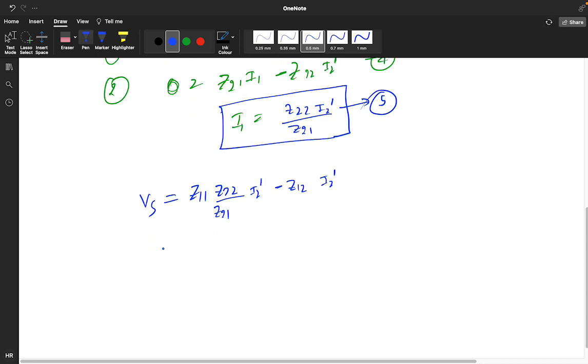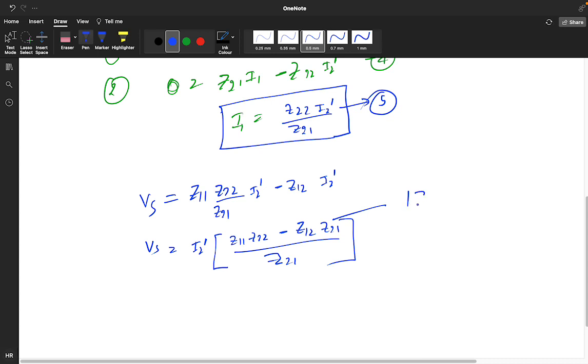Taking I2 dash common, we get Z11 Z22 minus Z12 Z21 divided by Z21. This is nothing but the determinant of Z.